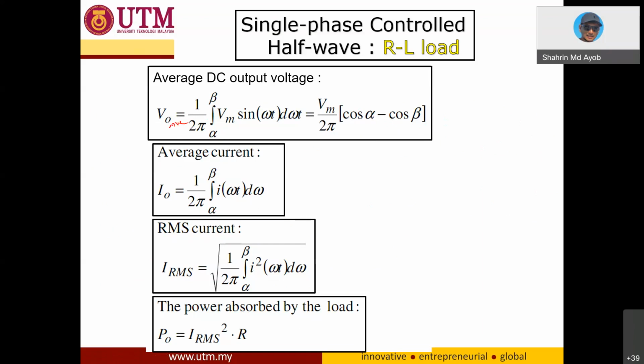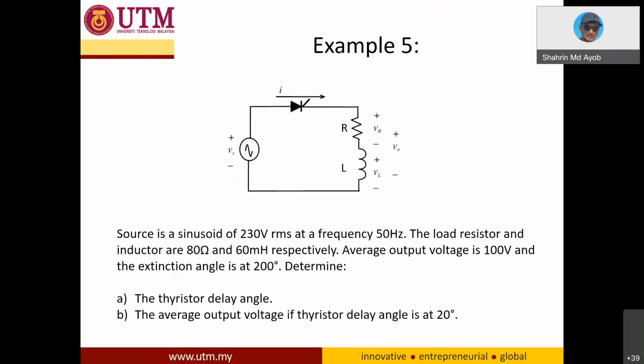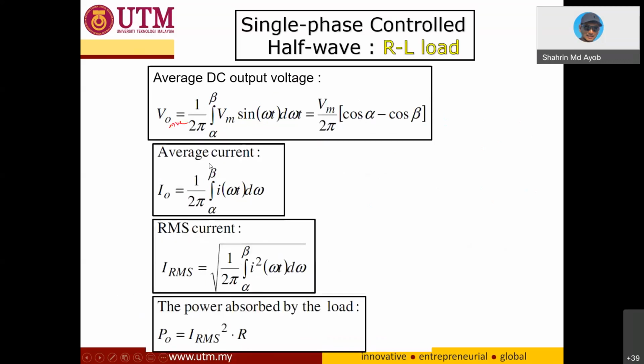Why? Meaning that you have this waveform. So V out average is this one.